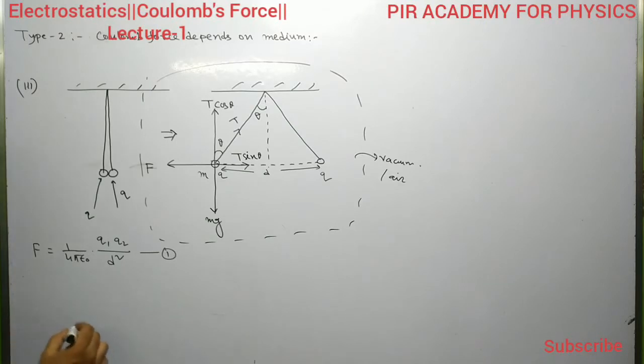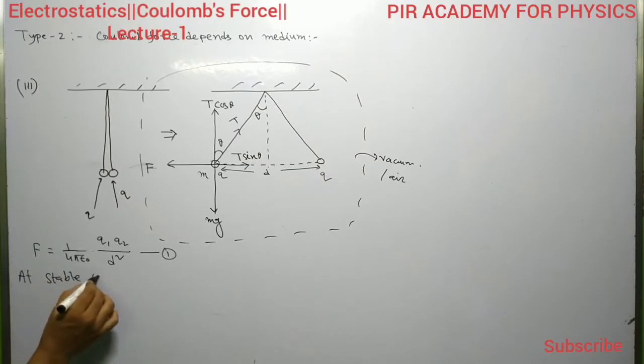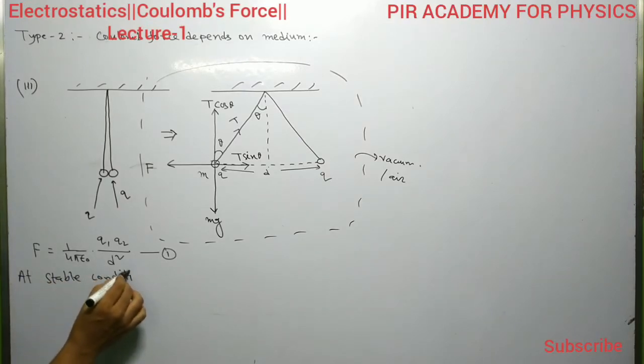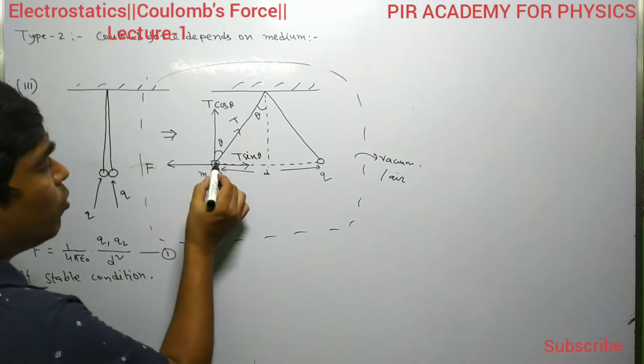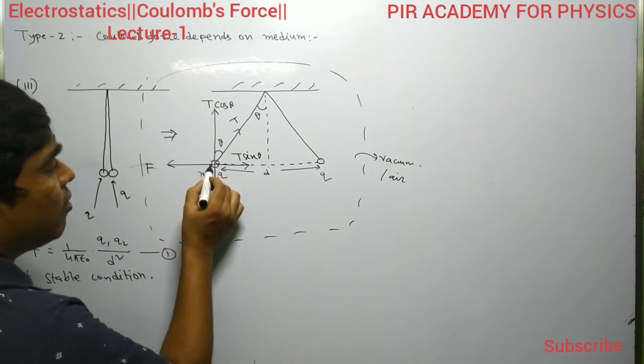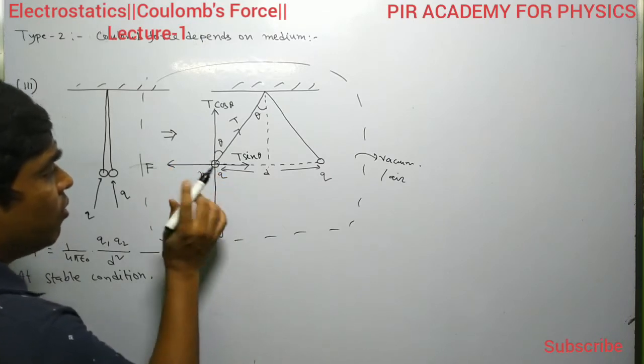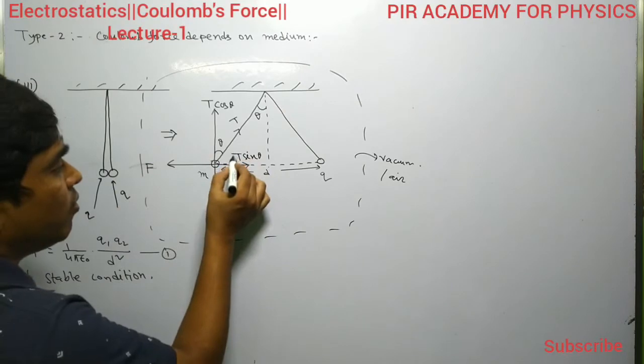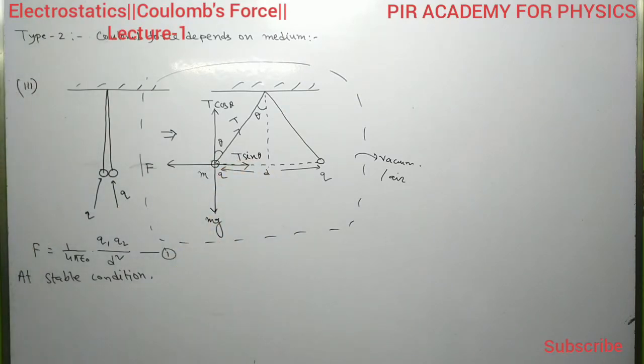So at stable condition, the total force on this ball or bob will be 0. That means this force and this force, opposite forces, must be equal.